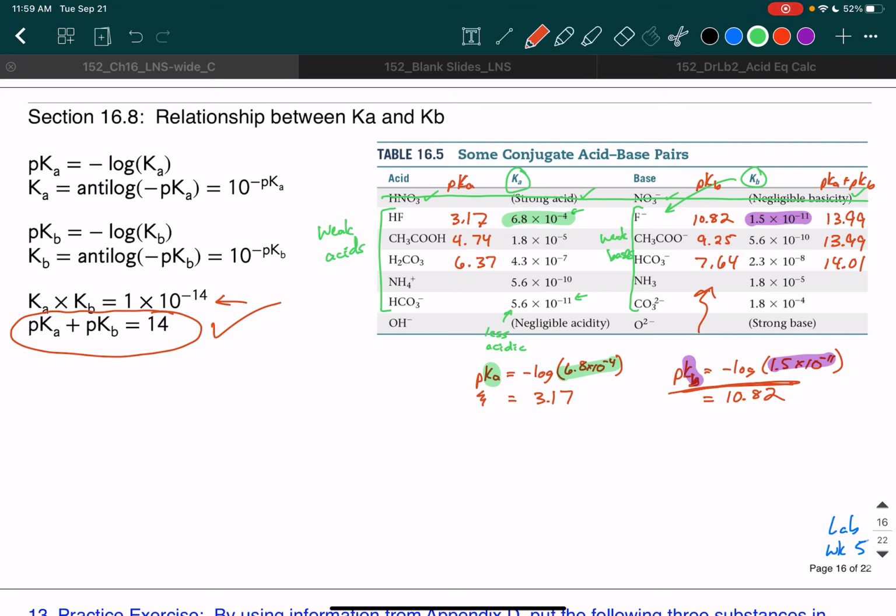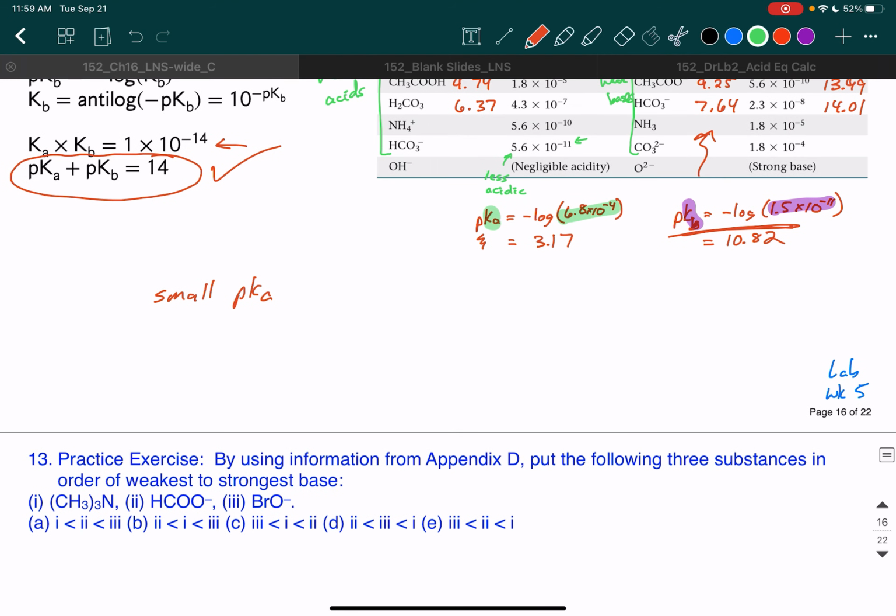Just a couple little patterns. So, small pKa means it's more acidic. Large pKa is less acidic.